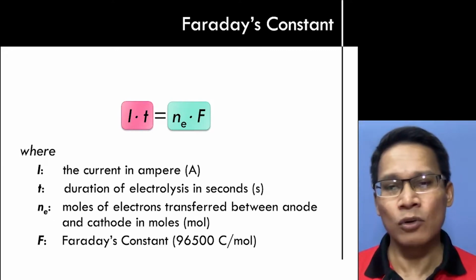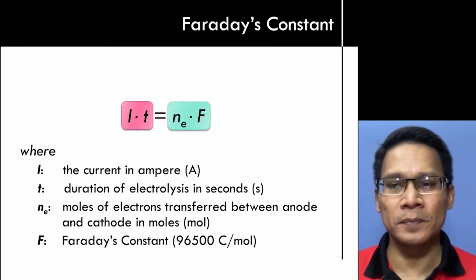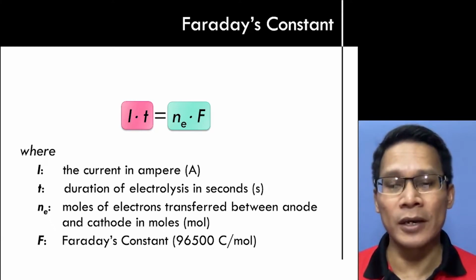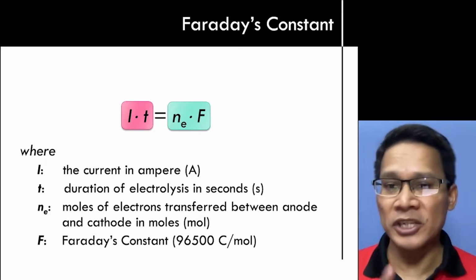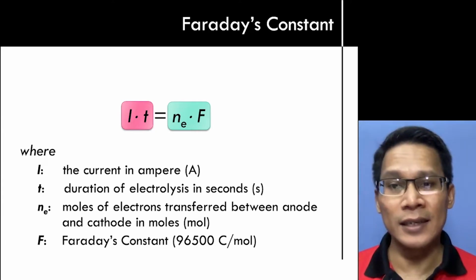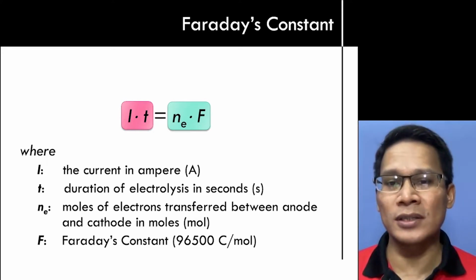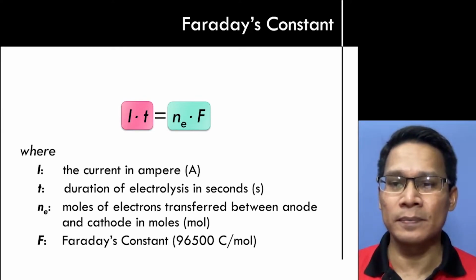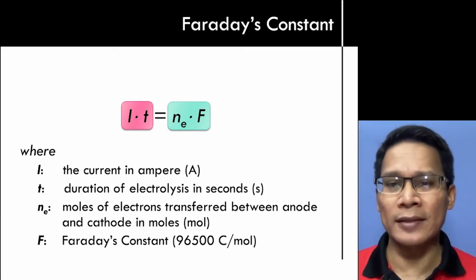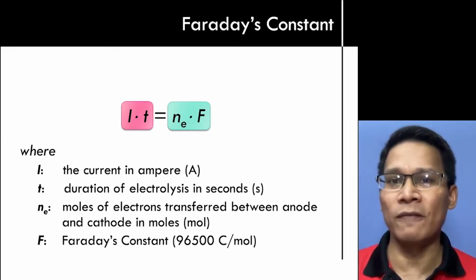IT equals NF, where I is the current expressed in ampere, T is the duration of electrolysis expressed in seconds, Ne is the moles of electrons transferred between the anode and cathode, and finally F is the Faraday's constant. The good news is, all calculations that we are going to attempt from this point onwards will only use this simple formula.